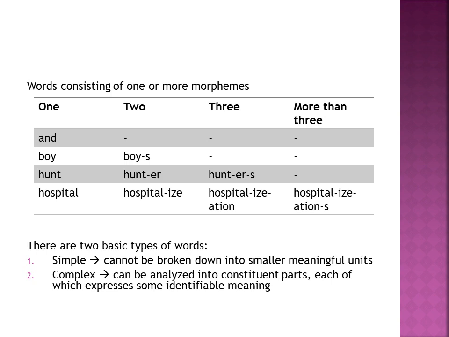Let's say morphemes, words here. I have one morpheme, two morphemes, three morphemes, and more than three morphemes. Let's see. And here consists of one morpheme. If you are going to add s, for example, like in boy becomes ants, it's impossible.